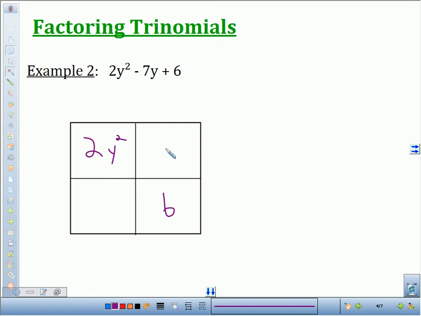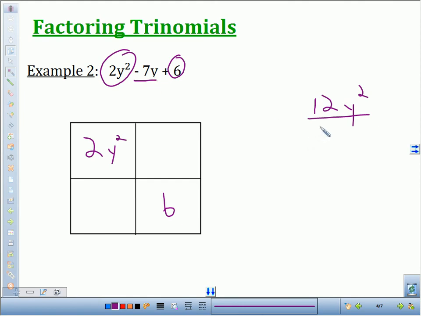They were just what was exactly in the box. We need to figure out what goes in the other two squares, though. So we multiply the first term and the last term together. 2y squared times 6 is 12y squared. I want the factors of 12y squared that multiply to give me 12y squared and add up to negative 7y.